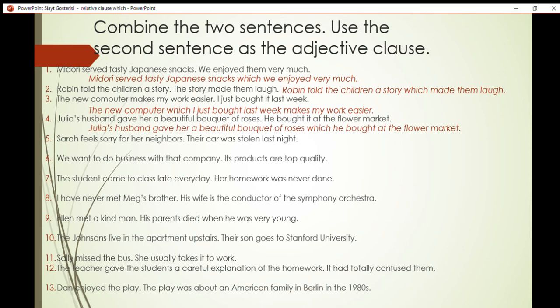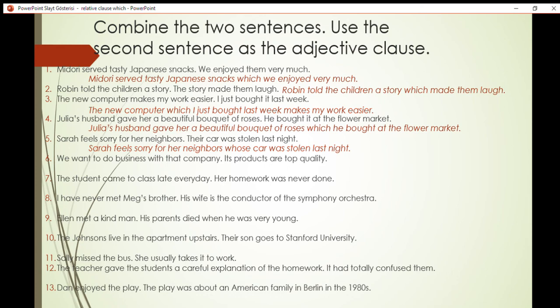Julia's husband gave her a beautiful bouquet of roses, which he bought at the flower market. 5. Sarah feels sorry for her neighbors. Their car was stolen last night. Sarah feels sorry for her neighbors whose car was stolen last night.